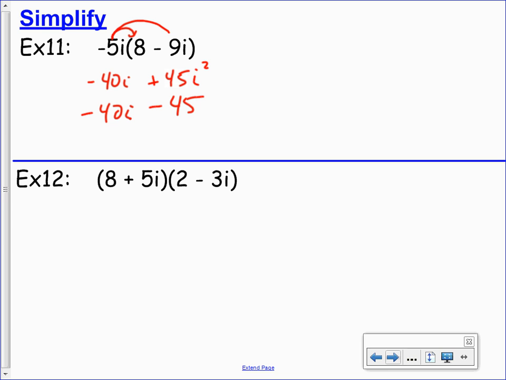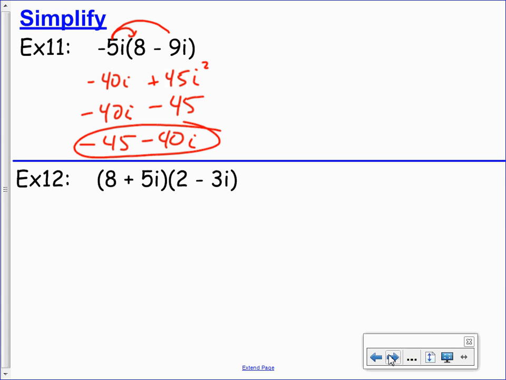Now change it into the form that I like, real plus imaginary. If you forget to do that, no big deal. Just so you know, on the SOL, they put real plus imaginary.